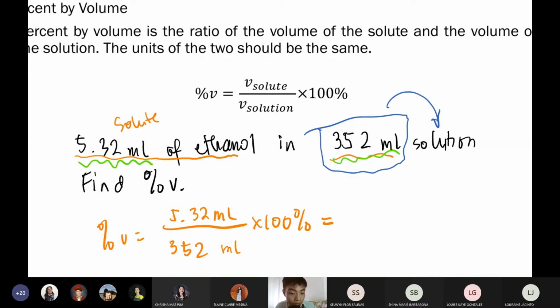Okay? Sana perfect nyo yung first quiz dito. So, divide natin. 352. Okay, so the percent volume of ethanol is 1.51%. So, yun yung sagot natin. Okay?